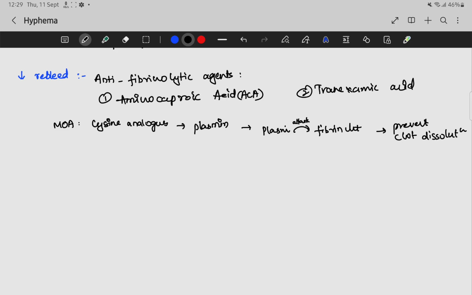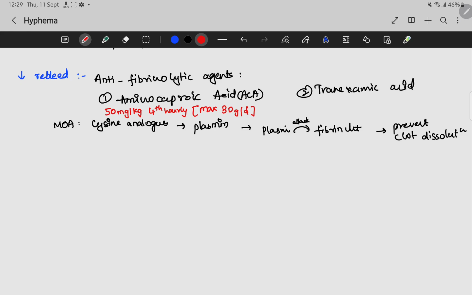What is the dose of this aminocaproic acid? This can be given 50 mg per kg, 4th hourly. Maximum is 30 grams per day.